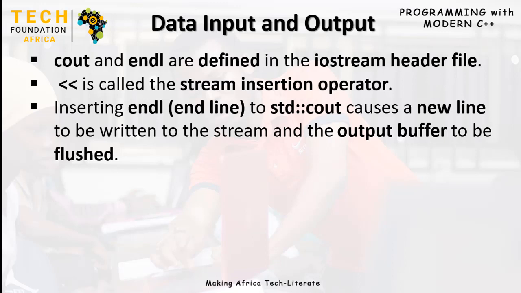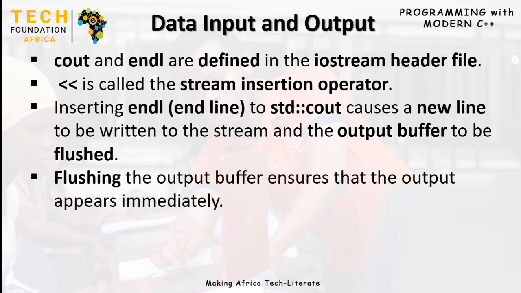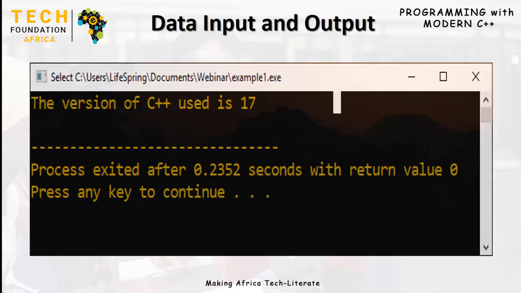Now, flushing the output ensures that the contents that you want to print appear on the screen immediately. Is that okay? So for instance, when we run the program, this is the output that we will get. Okay, the version of C++ used is 17, and we know that the 17 is coming from the variable version that we created. Is that okay?